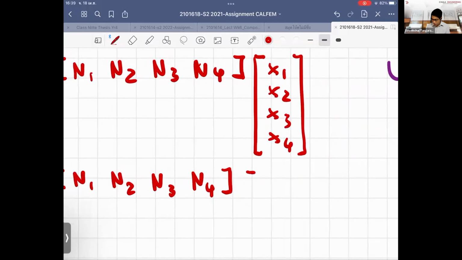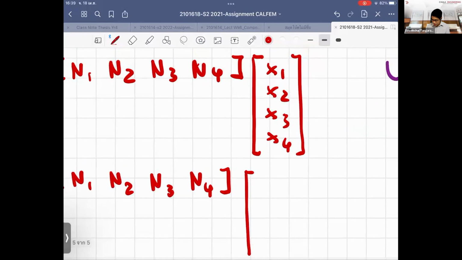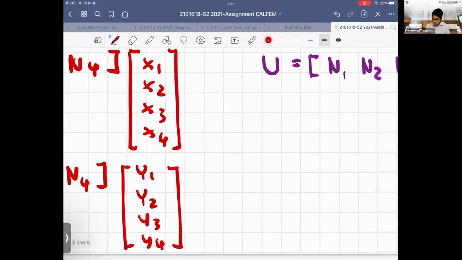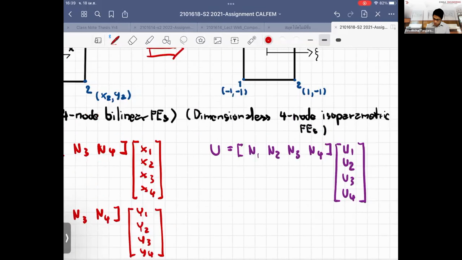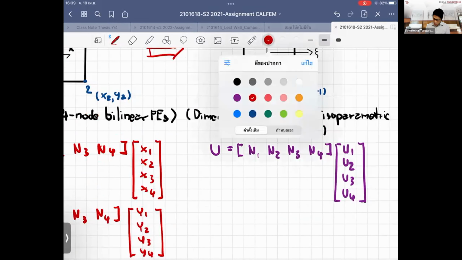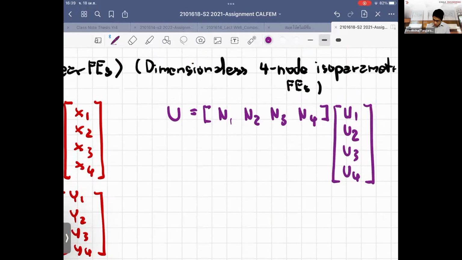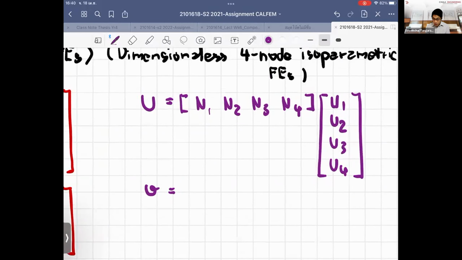And the shape function we use is bilinear. So we define the displacement in X direction as U, and we define the displacement in Y direction as V.